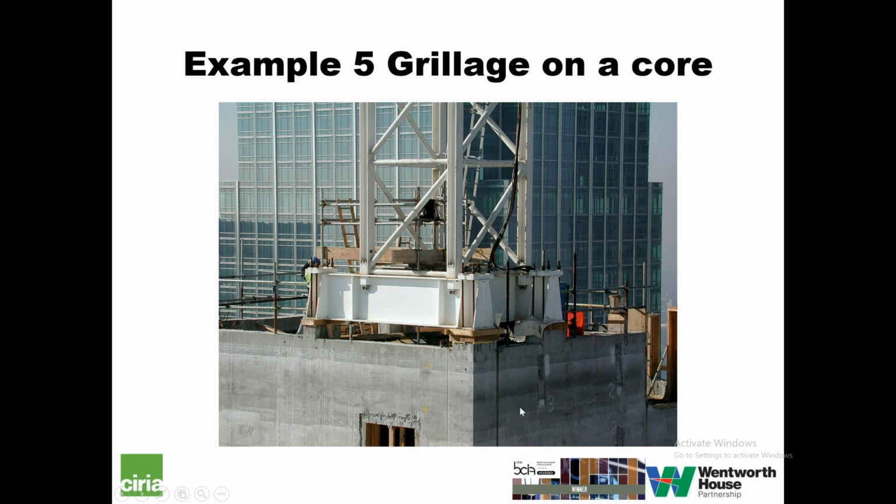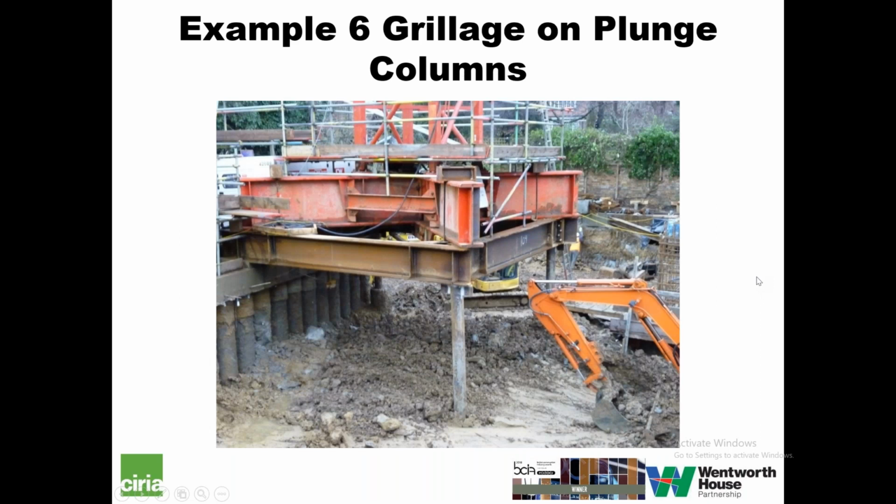All the necessary checks on the core walls are included in the example. And a grillage on top of some plunged columns. These look fairly slender and they're filled with concrete for some additional resistance. That was all that could be fitted in there by the space and the rig that was available on site.